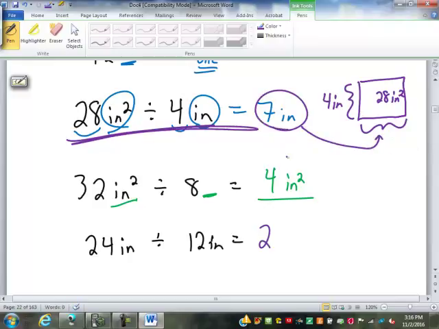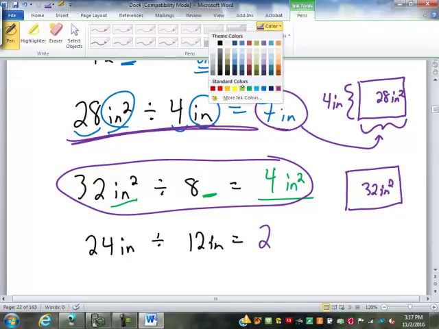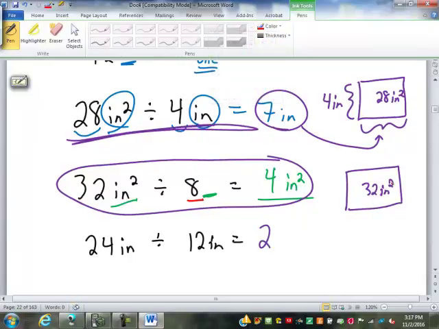This situation here is, okay, I have 32 square inches. If I chop it into 8 equal pieces, how many square inches will each piece be? Each piece here is going to be 4 square inches.